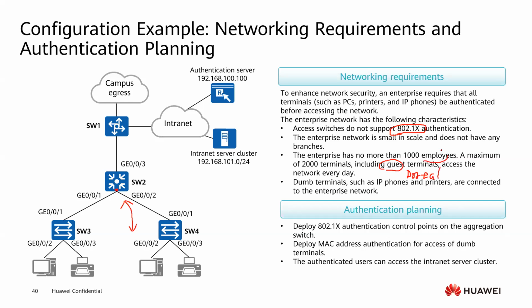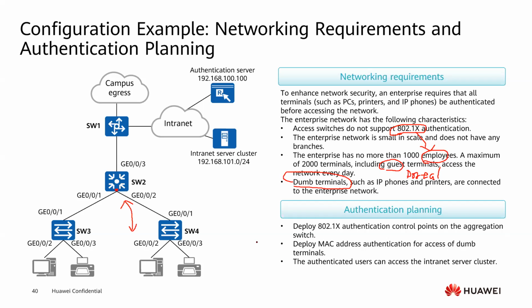And for the employees, who have high security requirements, we suggest you use 802.1x authentication. And also for the dumb terminals used in this scenario, we suggest you use MAC address authentication.